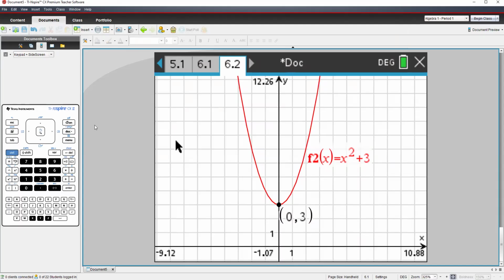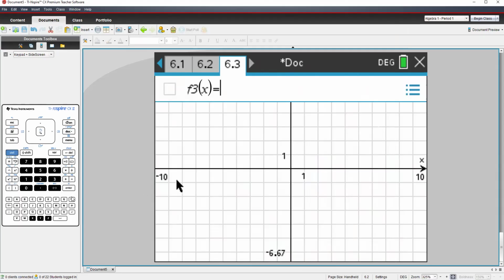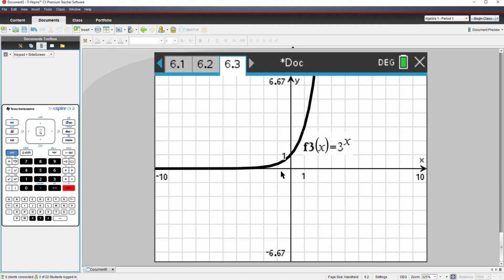Just for practice. So now I'm going to go here and type in 3 to the x power, which means this is exponential. And you know exponentials have that asymptote. So the asymptote for this is 0. But let's do the domain first. This is going off the screen, so that means it's going out to negative infinity.